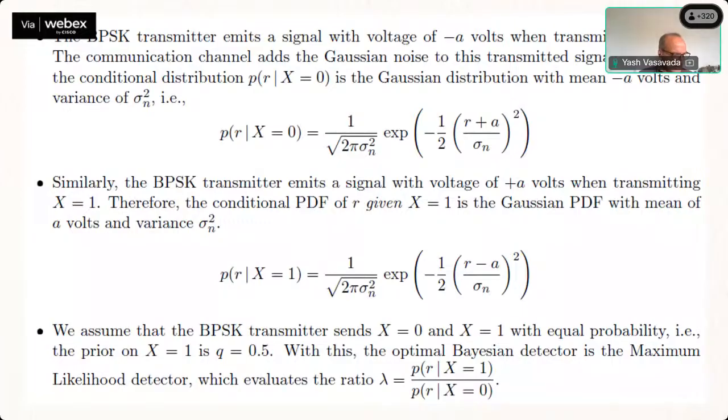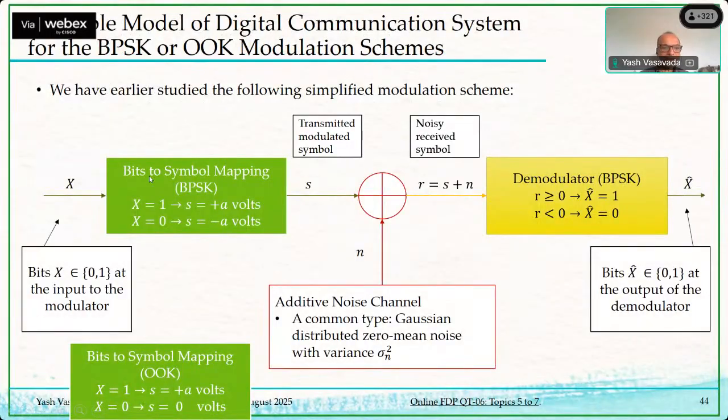Okay, so let us look at it. This is some probability math. It says that if x equal to 0 is transmitted, then according to the BPSK scheme, as we showed here, whenever x equal to 0 is transmitted, it gets mapped into minus A volt.